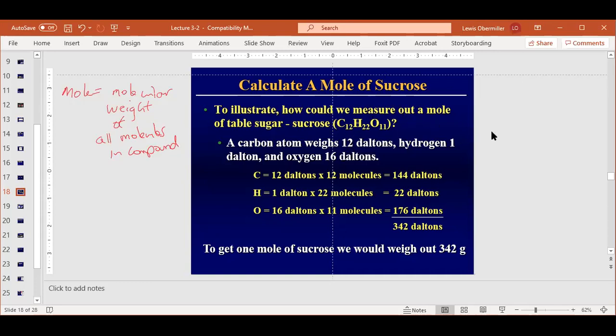So we did glucose as a practice, we did water. So now we're going to do something a little more complicated, which is sucrose. Sucrose is also table sugar, so you're pretty familiar with this.